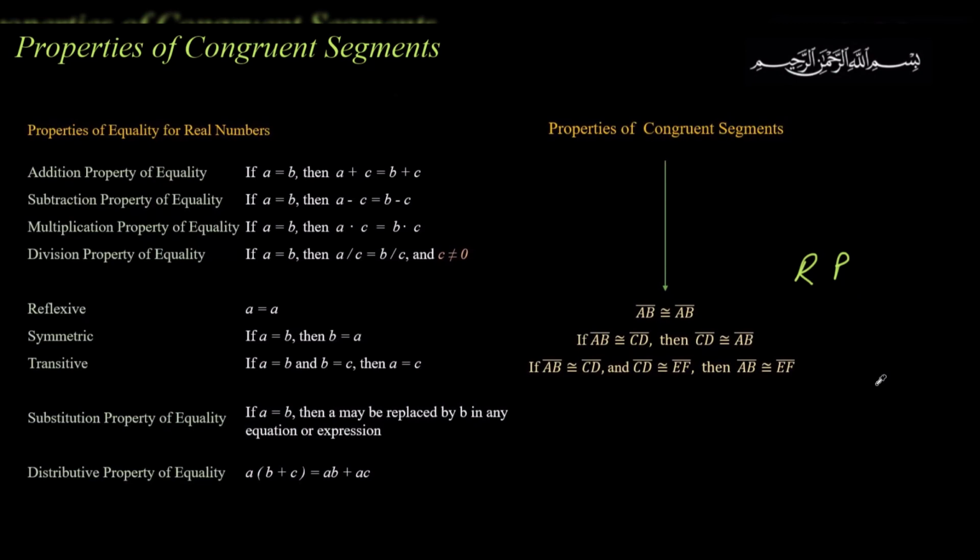And then you're not going to say the reflexive property of congruent segments says A equals A. No, of course not. A represents a real number. We're talking about segments over here. So the reflexive property of congruent segments states that a segment AB is congruent to itself, that is segment AB is congruent to segment AB.